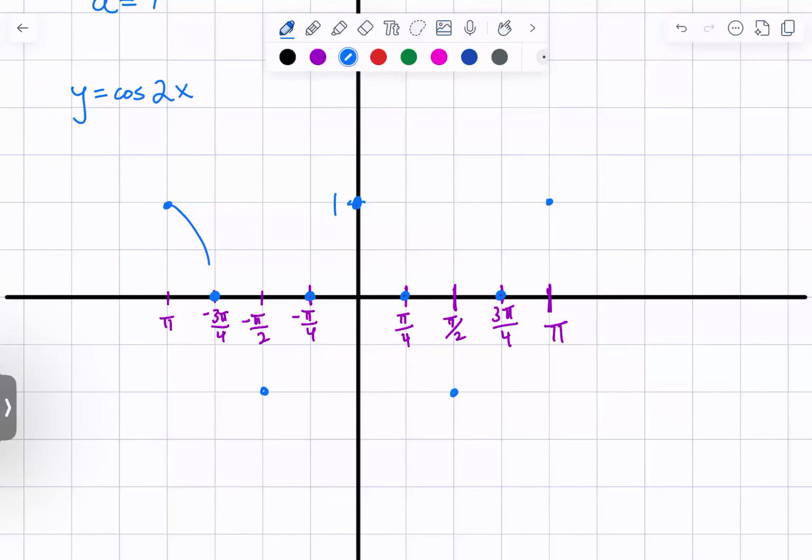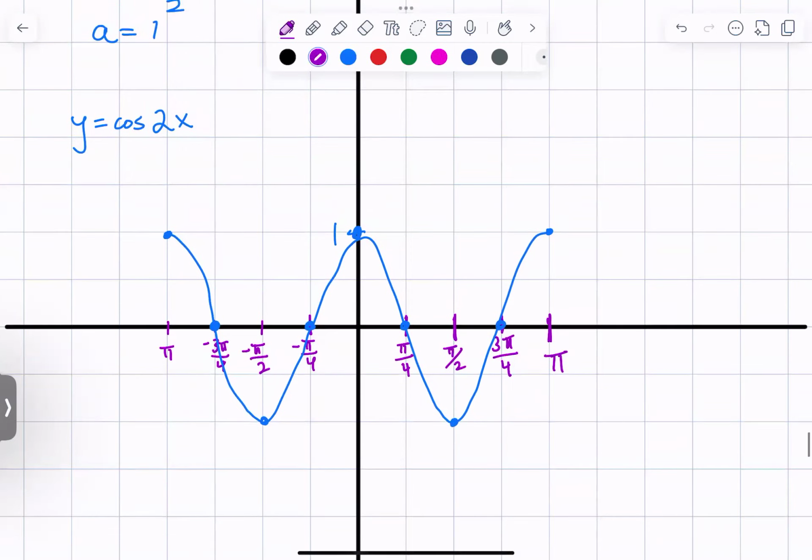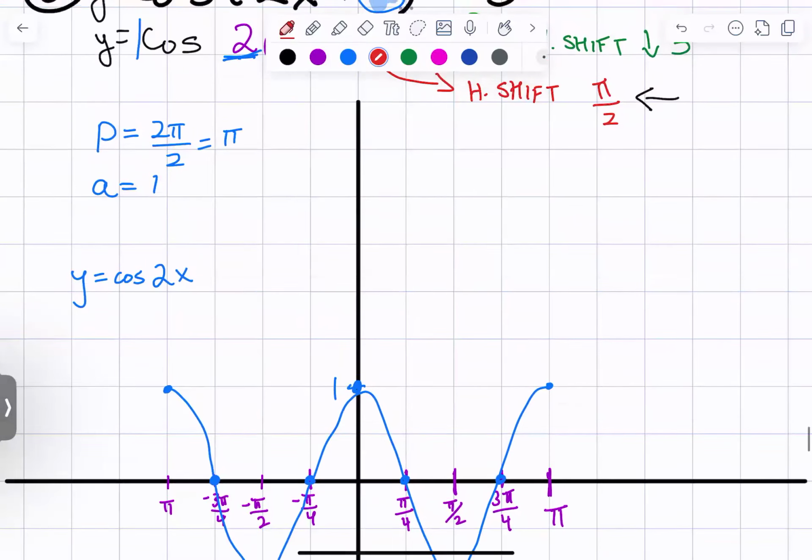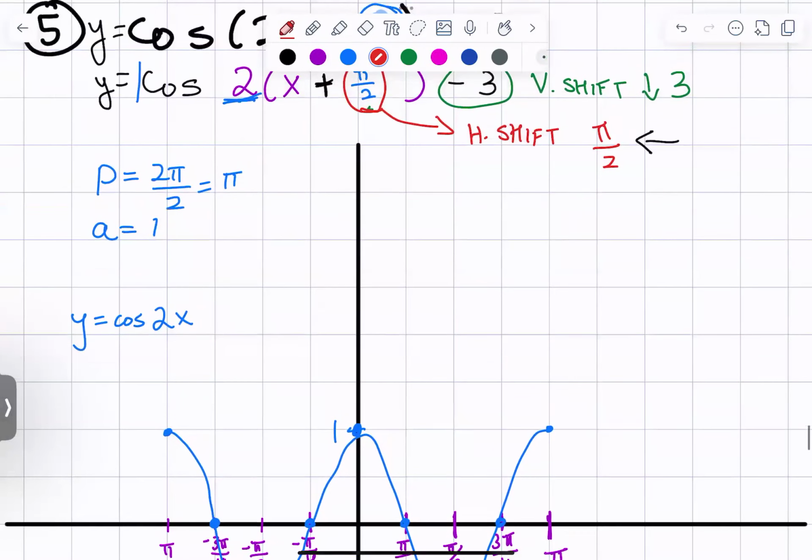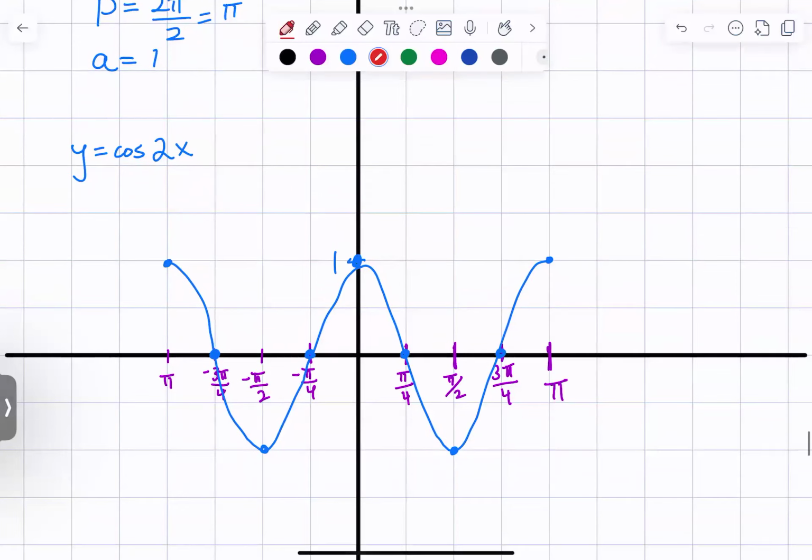So here, I just graphed y equals cosine of 2x. And then I'm going to shift this over to the left pi over 2, down 3. I'll just show you guys that here, shifting this pi over 2 units.